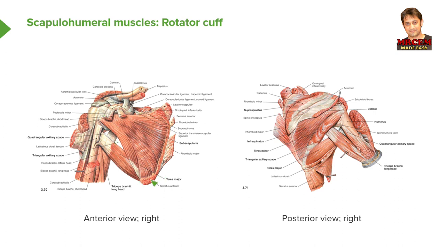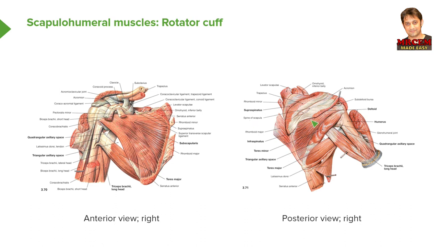Here, coming from the posterior surface of the scapula, we can see teres major, running to the medial lip of the intertubercular groove alongside latissimus dorsi. They share a similar insertion. But because teres major is not passing towards the head of the humerus, it's not a rotator cuff muscle. Here we can see that subscapularis is.